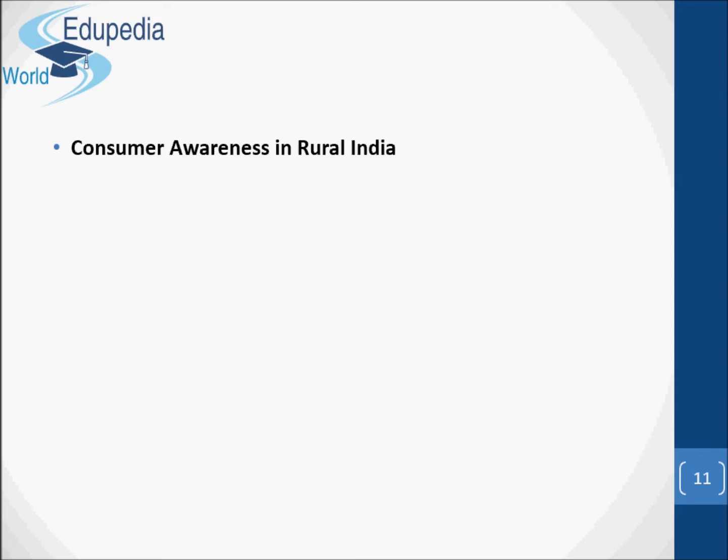Rural consumers face problems like fake brands, spurious products, lack of warranties and guarantees, imitation, unreasonable pricing, lack of varieties, and so on. There is a need for spreading consumer awareness in the rural areas more seriously.